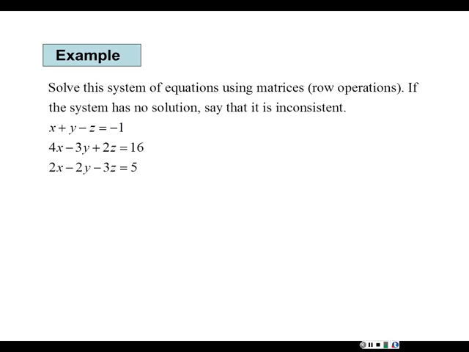You multiply this by negative 2, add it here. So negative 2 plus negative 2 is negative 4. Multiply this by negative 2, this becomes positive 2 plus negative 3, minus 1. Positive 4 plus 5 is 9.